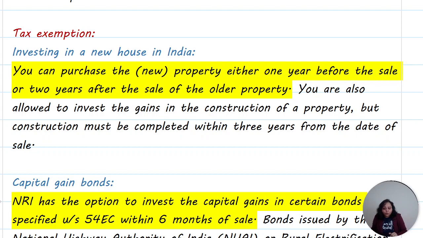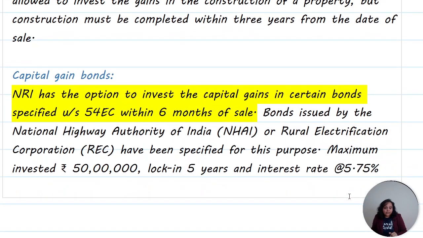One more way out of this is by investing in capital gain bonds. Now, capital gain bonds are bonds in specific entities which are mentioned under section 54EC of the Income Tax Act.